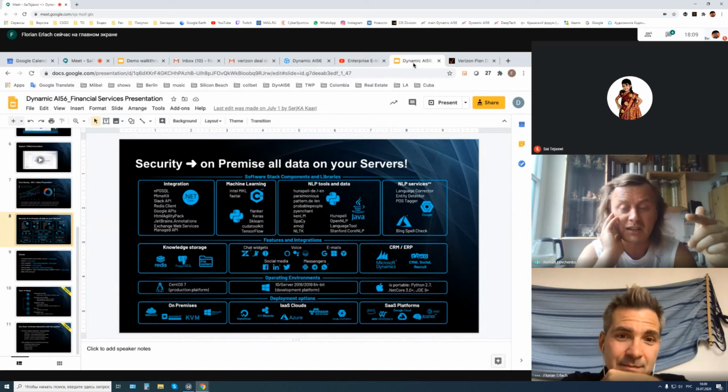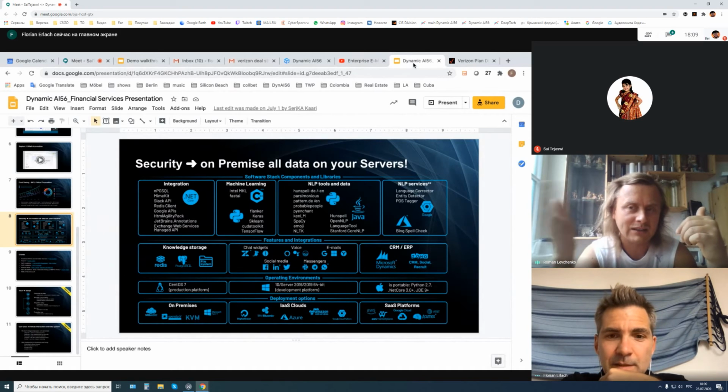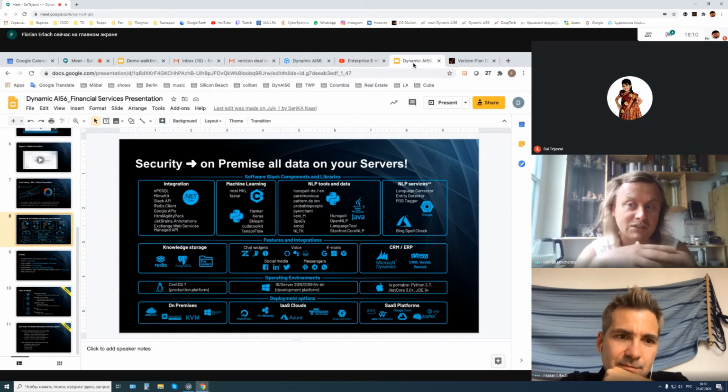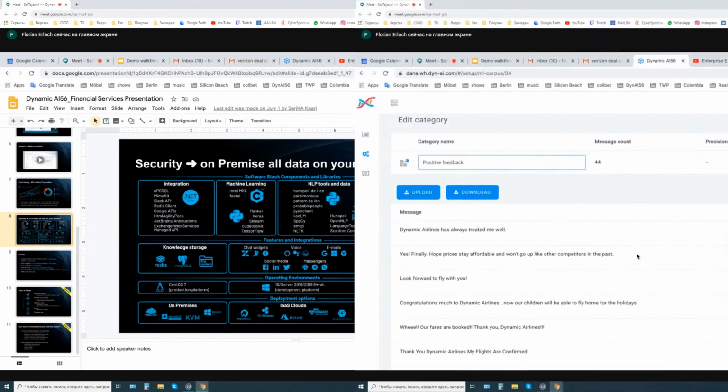We connect to channels, and the system sees what your operators are answering, what information your operators enter, and the system learns without engineers. We don't need an NLP team for this. In this case, we don't see your conversations, and it's absolutely secure, and it stays on your servers.